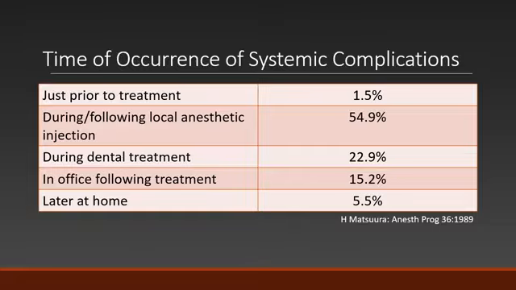That makes sense because that's usually very stimulating for the patient, and they're simply more stressed. Almost a quarter occurred during dental treatment, which also makes sense because that's a period of relatively increased stress as well. So almost three quarters of them occur during and immediately after treatment.